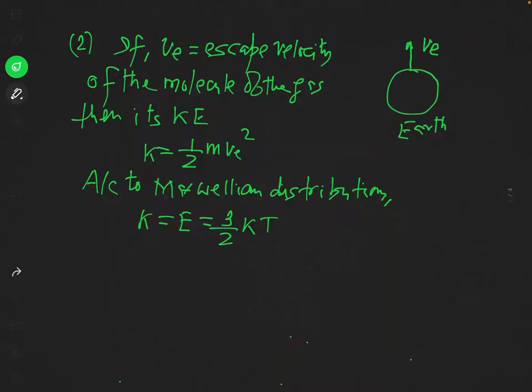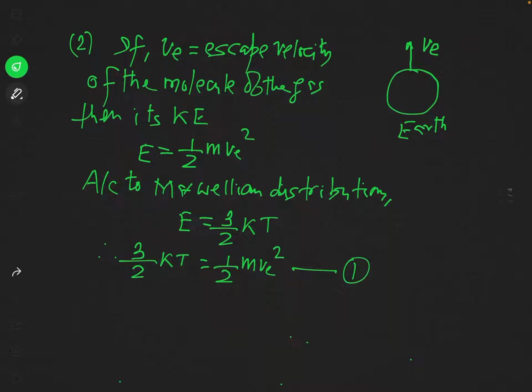Here again let us write the symbol E, because there would be confusion with the Boltzmann constant. Remember this E represents the kinetic energy. So E is equal to 3/2 kT. You can equate these two values, so 3/2 kT will be equal to half m VE square.